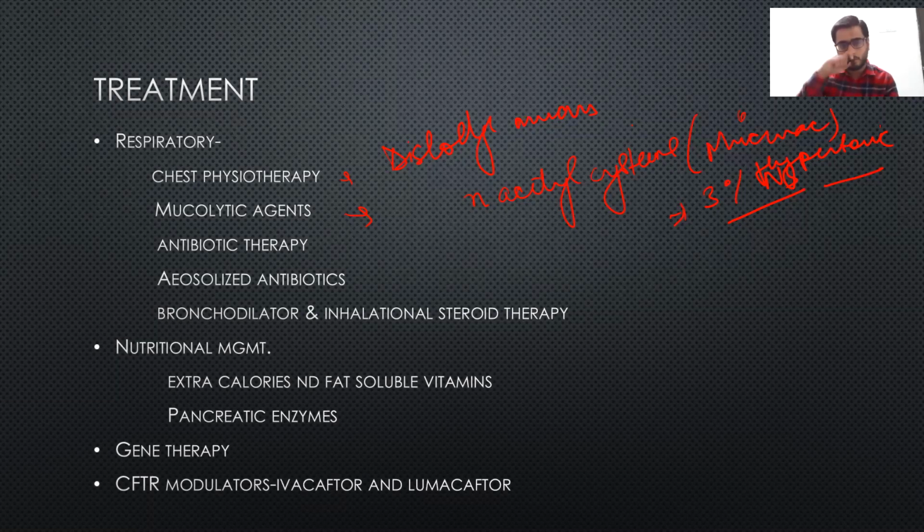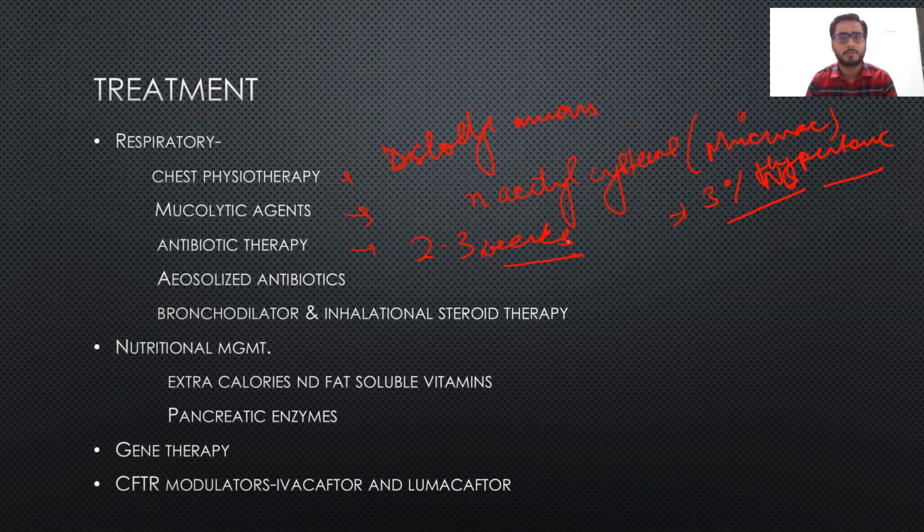Next comes the role of antibiotics. I'm not discussing this in detail here. It is as per the organism which we see, and when the patient is symptomatically better, IV antibiotics can be tapered, and we need to give antibiotics for at least 2 to 3 weeks for clearance of the organism.